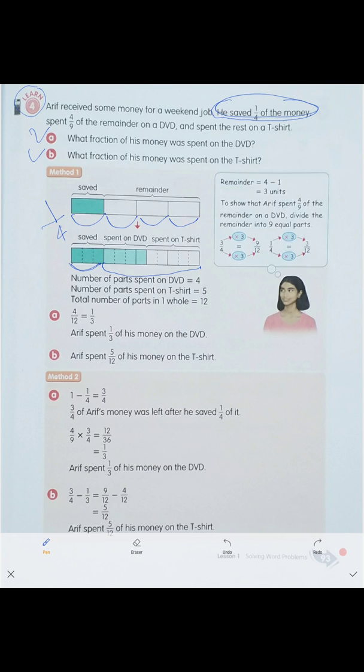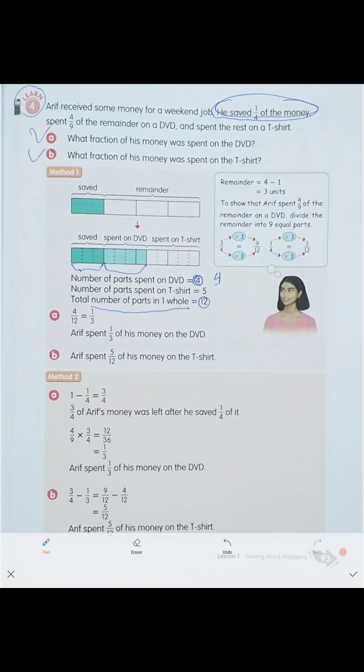We can see how many parts were spent on each thing. So the whole has become not 9 but 12. The total number of parts in one whole is 12.